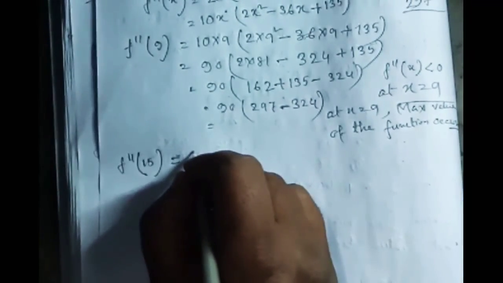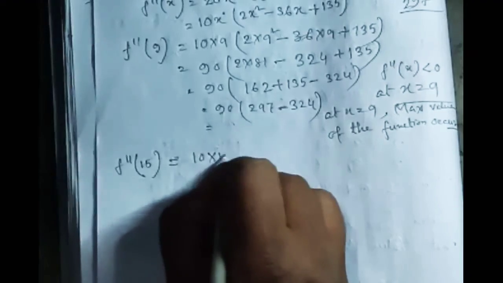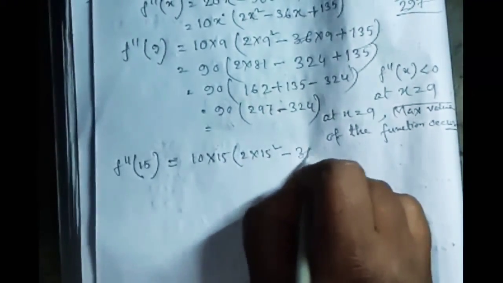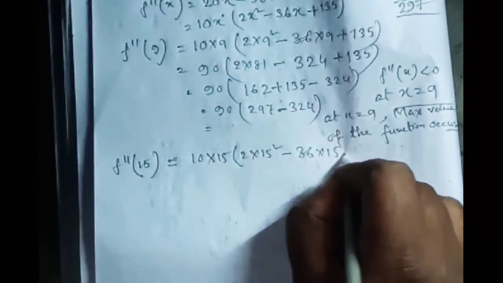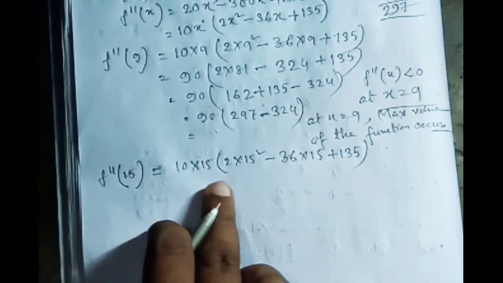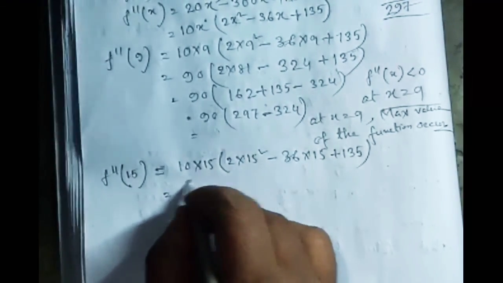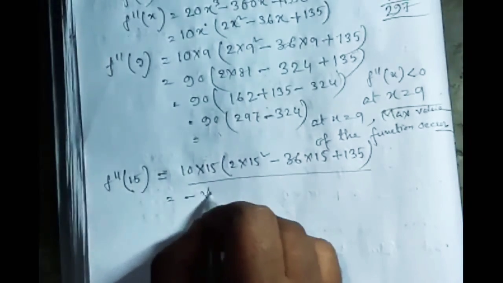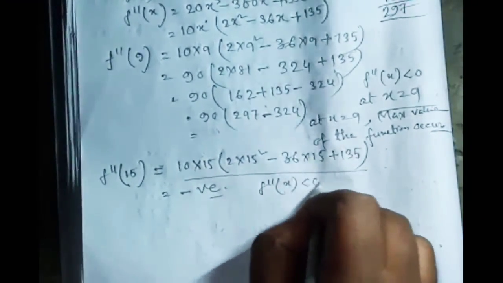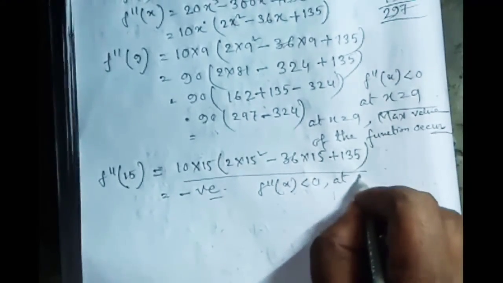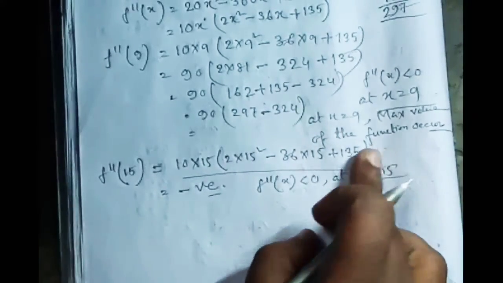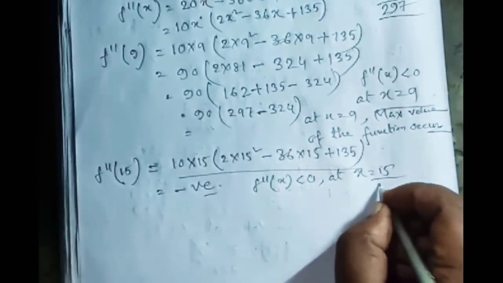That equals 10 into 15, times 2 into 15 square minus 36 into 15 plus 135. Again, if we calculate, we will again get a negative sign. So f double dash x will be less than 0 at x equal to 15 also. So the function has maximum value at x equal to 15 also.